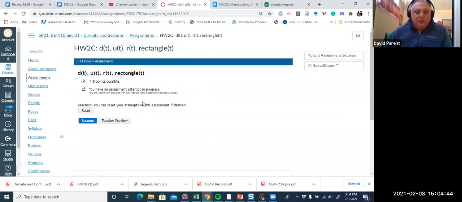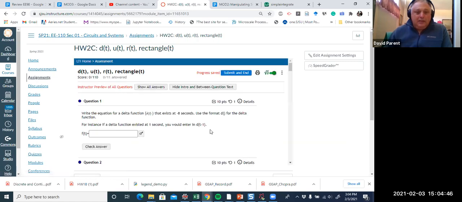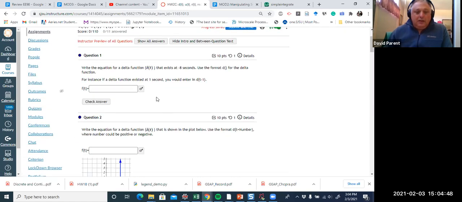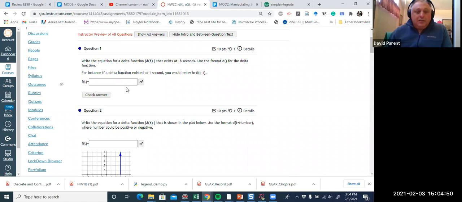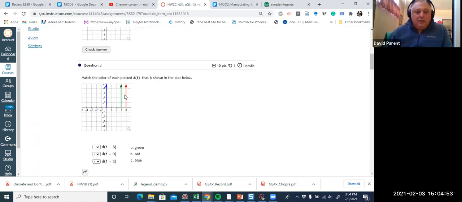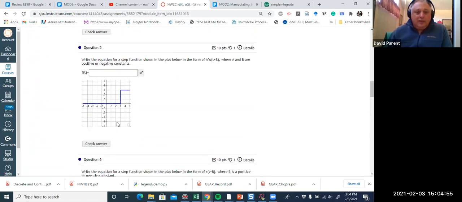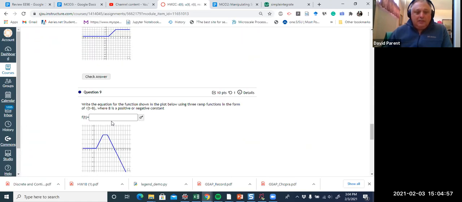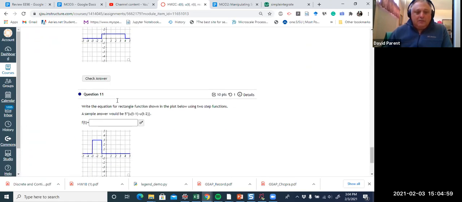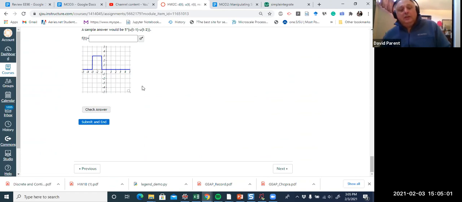We have another My Open Math where you're given a function and you write it out, and then you see various things, and you have to write the equation for what you see. You should be getting randomized problems for that.